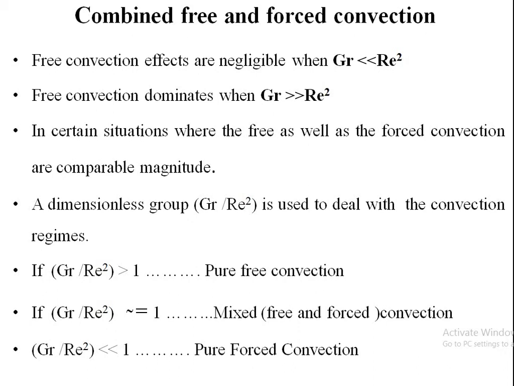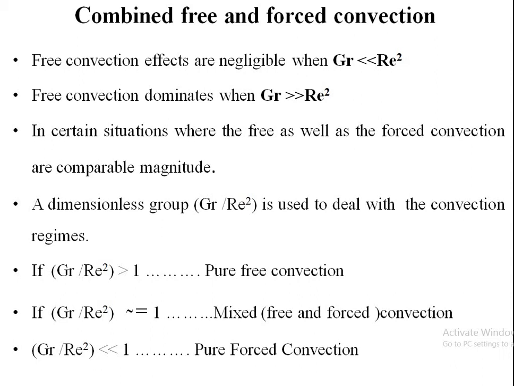In some cases, forced and free convection are together dominating the heat transfer from the surface to the fluid or fluid to the surface. So we have to analyze whether the heat is transferring by forced convection, free convection, or a combination of free convection and forced convection.